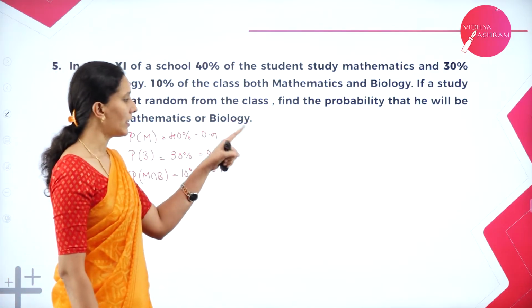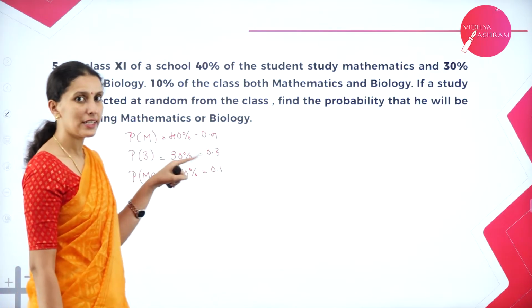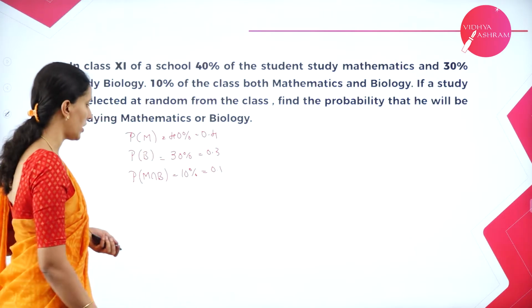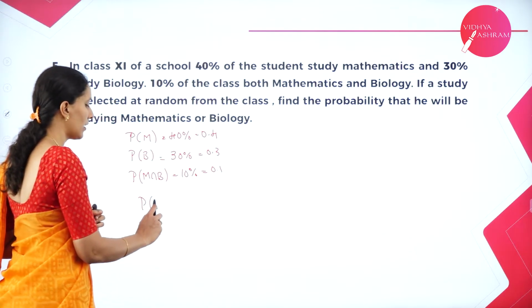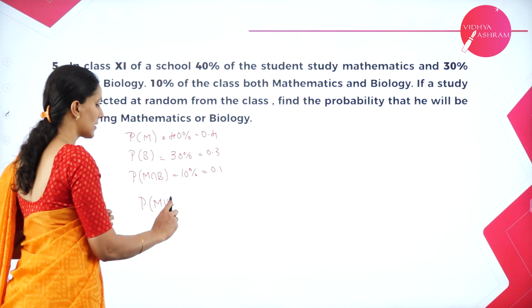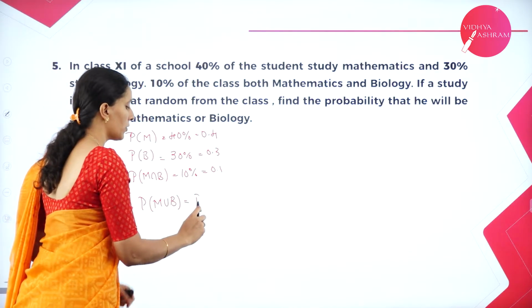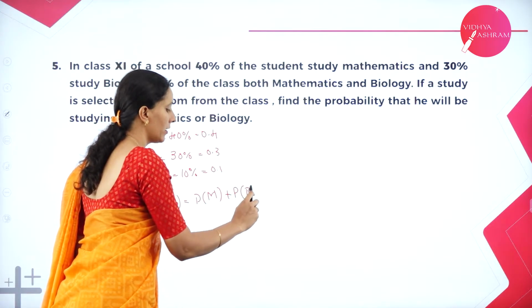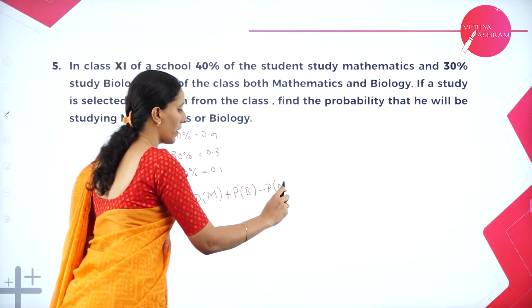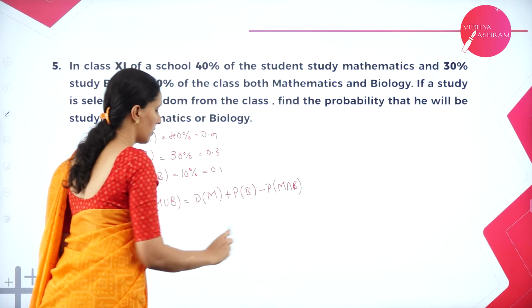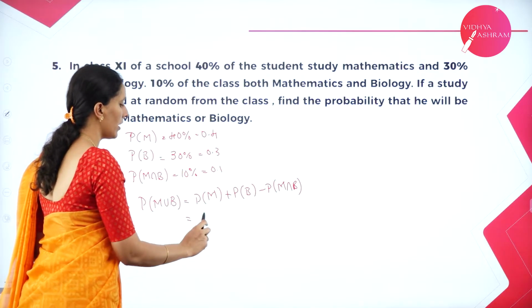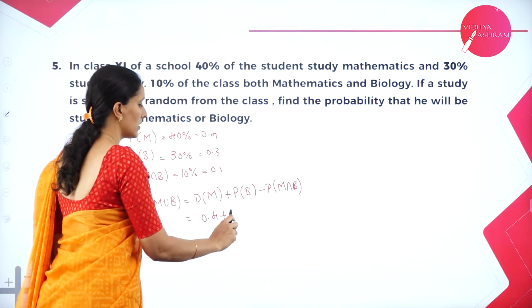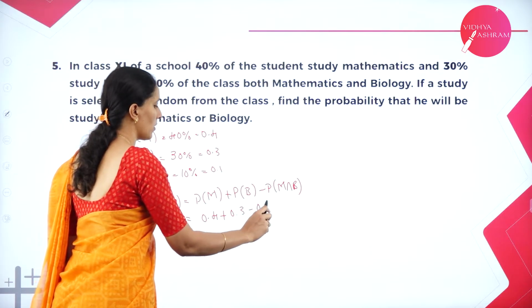We need to calculate the probability where he studies mathematics or biology. That is, we need to calculate the union of this. This is equal to probability of M plus probability of B minus probability of M intersection B. So that is M is 0.4, plus 0.3, minus 0.1.